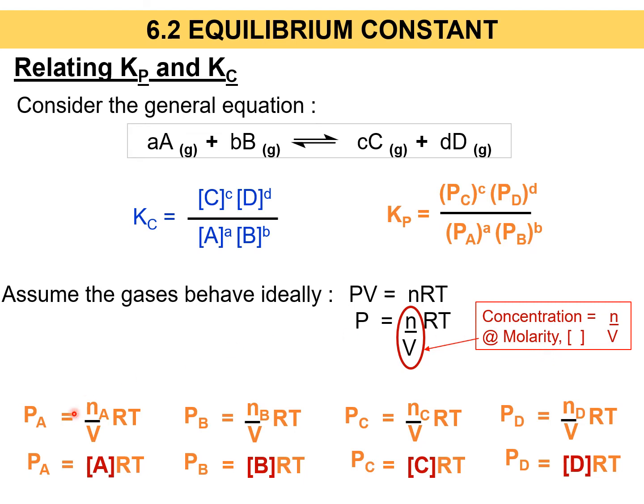Okay, so what if partial pressure of A, B, C dan D ni, you buat masing-masing dalam bentuk n over V RT for each of them. So we know that n over V is equals to formula untuk concentration ataupun molarity. So we can conclude that partial pressure of A is equals to concentration of A times with RT. Same goes to B, C and D as well.